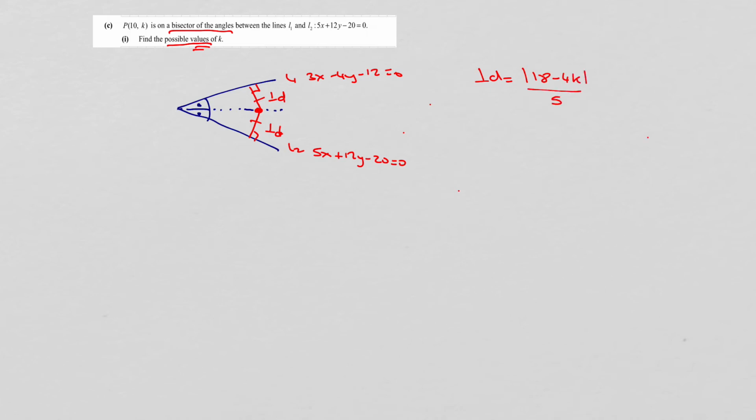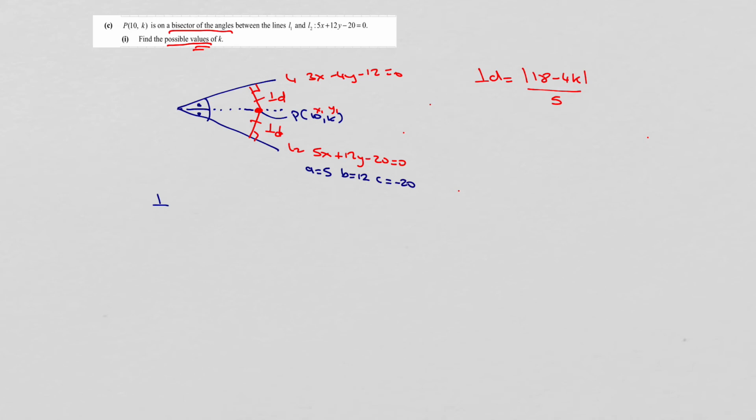So therefore, if we're writing down the perpendicular distance for the second line, A is 5, B is 12, and C is minus 20. And the point P, this point here, we said was (10, k). So that's our x1 and our y1.